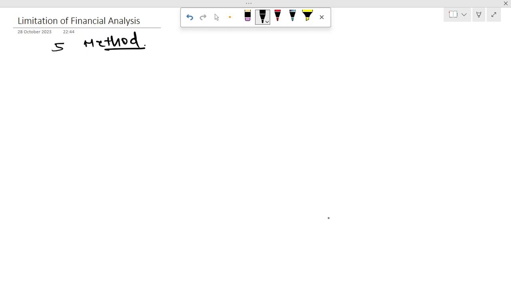The first method was comparative analysis of financial statements. Second was common size statement analysis. Third was trend analysis. Fourth was ratio analysis, and fifth was cash flow analysis. Using these tools we can analyze the financial statement as per our requirement, and our requirement depends on our individual needs.